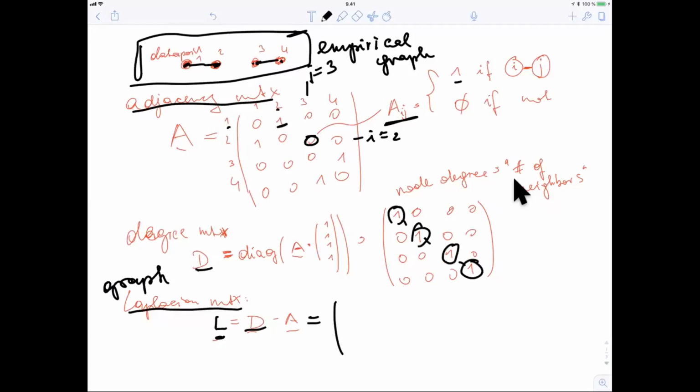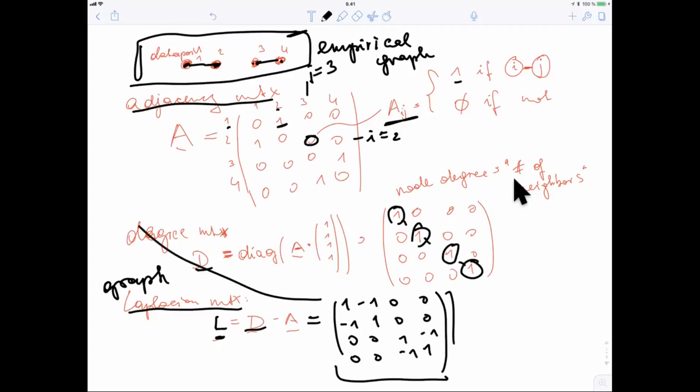So if we do this, we get 1, minus 1, and here all zeros, then 1, 1, minus 1, minus 1. So this here is the Laplacian matrix of this empirical graph.